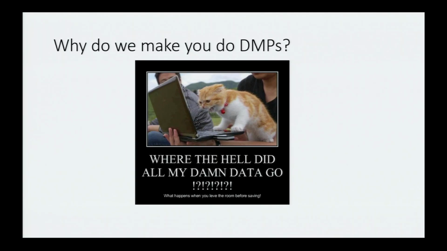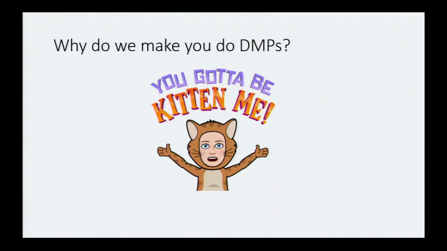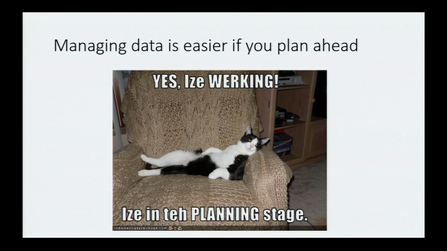Why do you make us fill out all these forms? Come on, I just want to do some science. Well, while it seems like just an extra form that is a waste of time, these data management plans are actually really helpful and useful for you as well as people who are using your data later on.